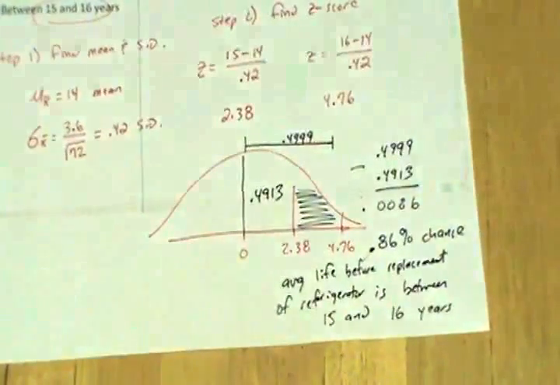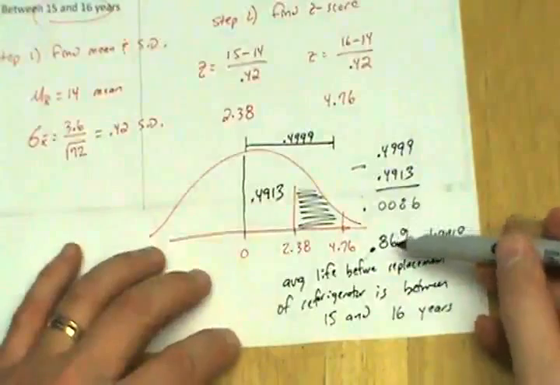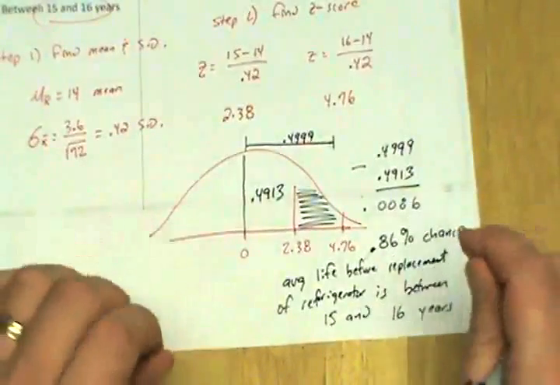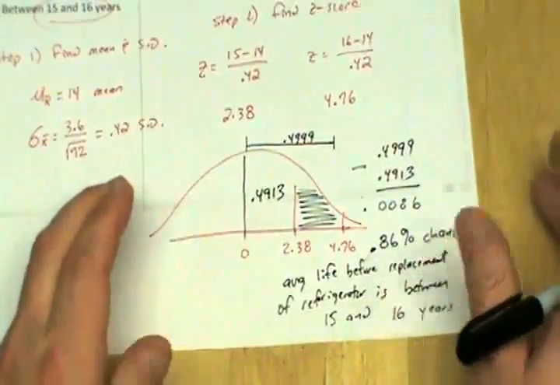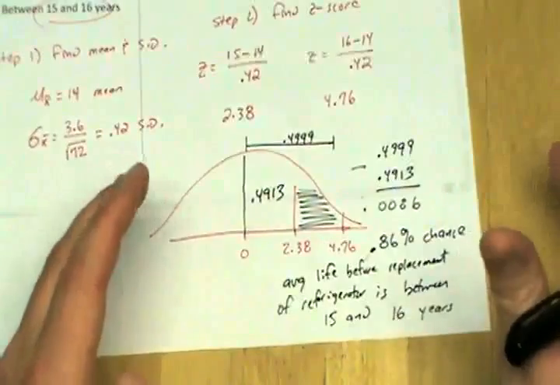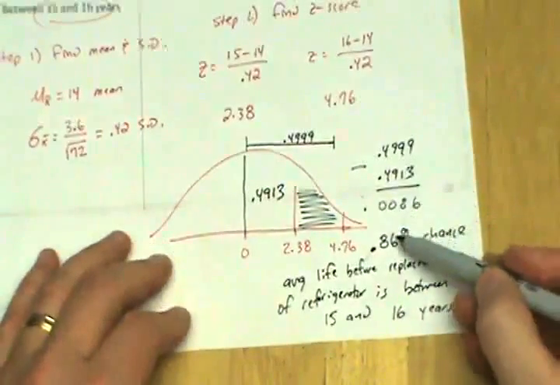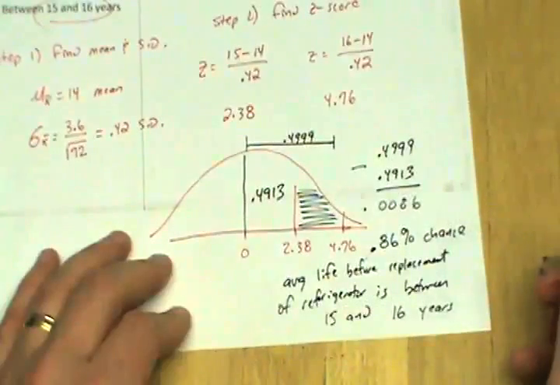So it's not likely that the average. That doesn't mean that there's a 0.86% chance that your fridge is going to live between 15 and 16. Your personal fridge. That means the average of 72 fridges. You take all 72, see how long they live, and the average of those 72, there's a 0.86% chance that the average of those will be between 15 and 16.